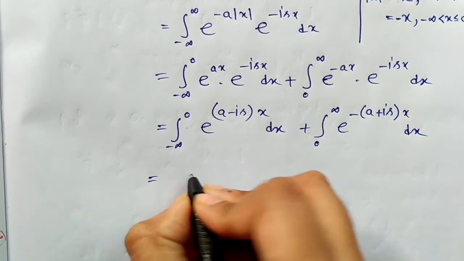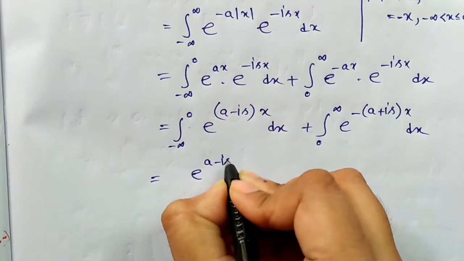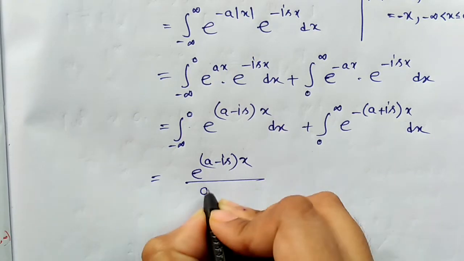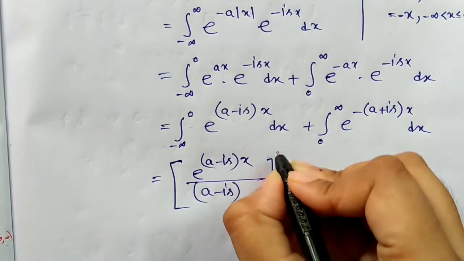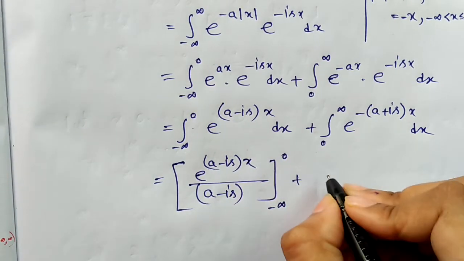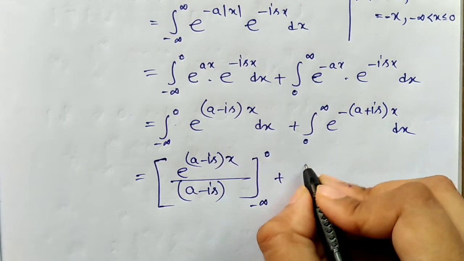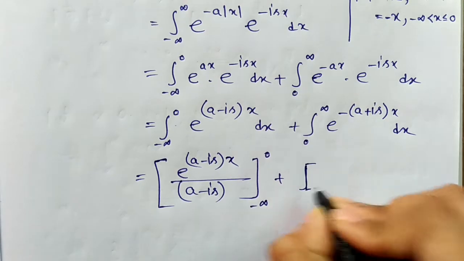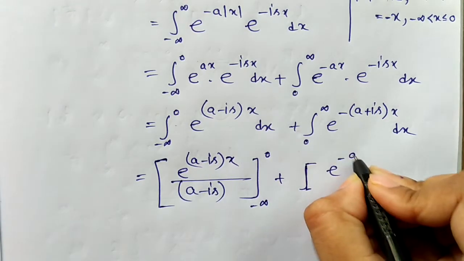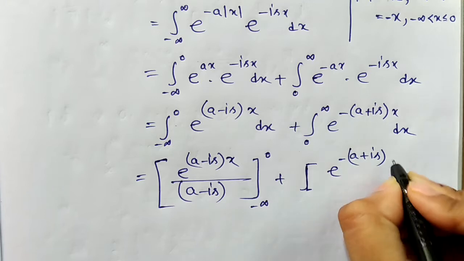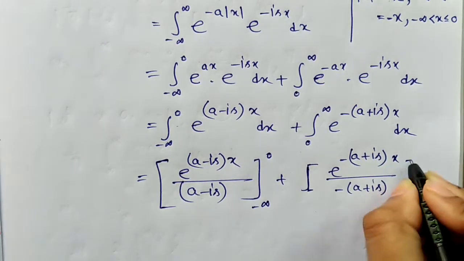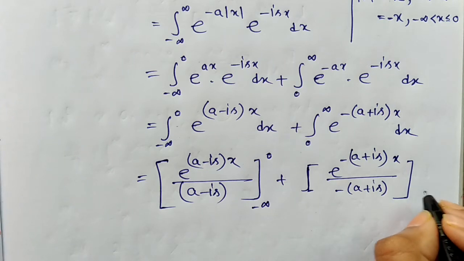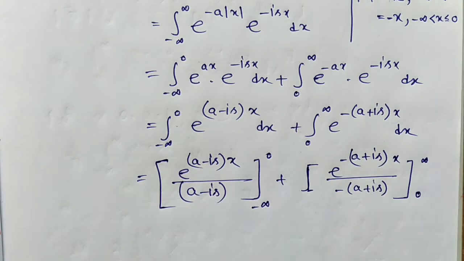So next, e to the power (a minus is)x by (a minus is) from minus infinity to 0, plus e to the power minus (a plus is)x by minus (a plus is) from 0 to infinity.